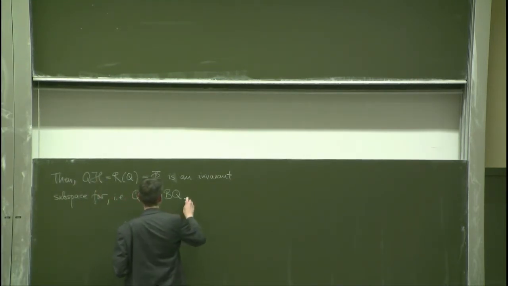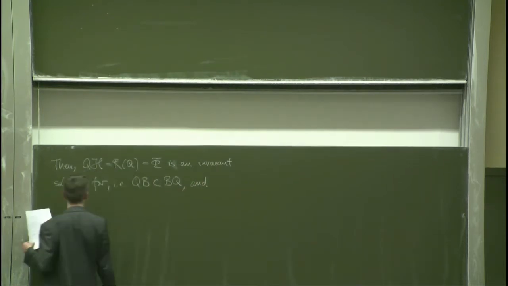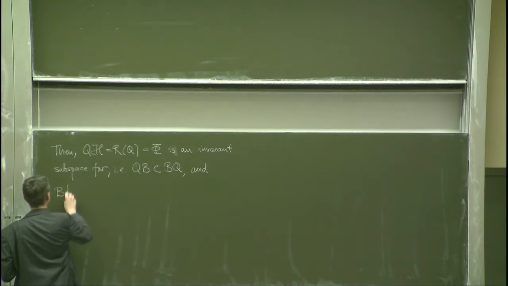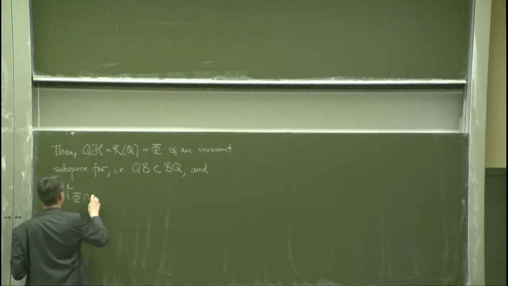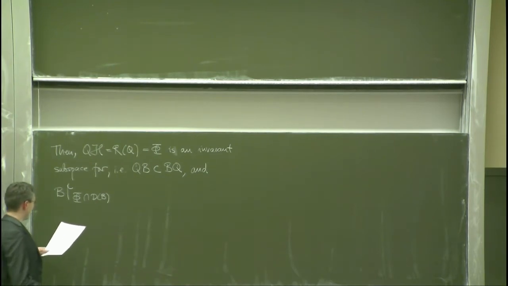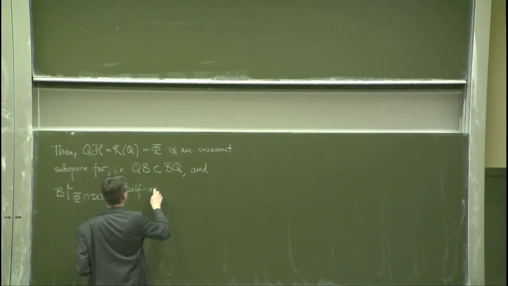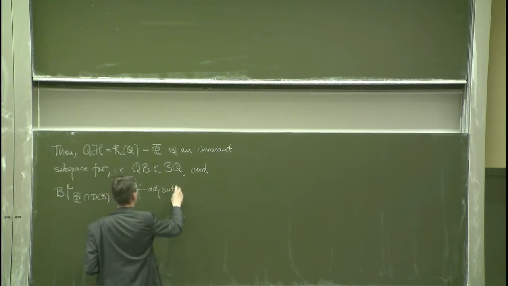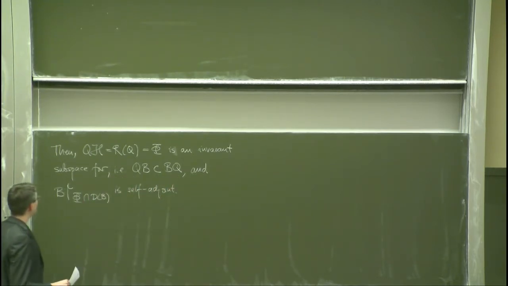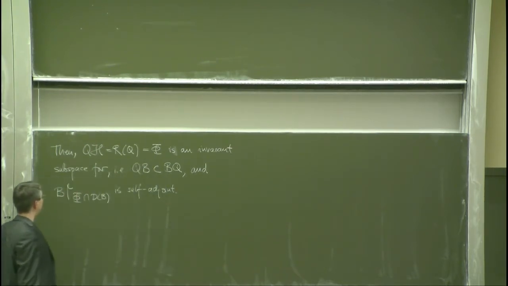We have this. And furthermore, if you take the restriction of B to this space phi, and of course also to its domain, this is a self-adjoint operator. So let's take it all together. We consider the range of this projection, which is the space phi, obtained by projecting the whole Hilbert space.